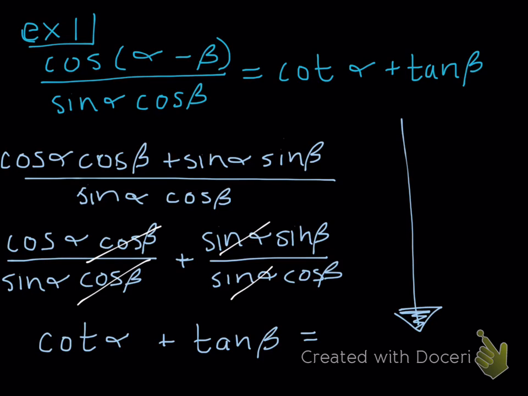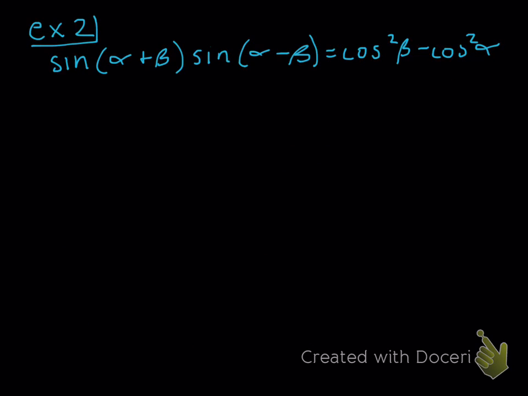All right, our next and final example for today is going to be a little bit more involved than that last one. So here we have sine of alpha plus beta times sine of alpha minus beta, and this is equal to cosine squared beta minus cosine squared alpha. So again, we need to use the formulas here.